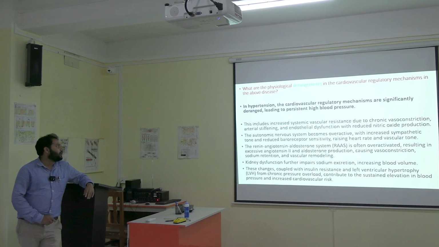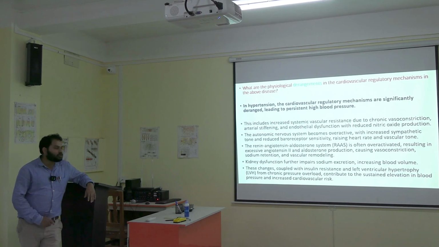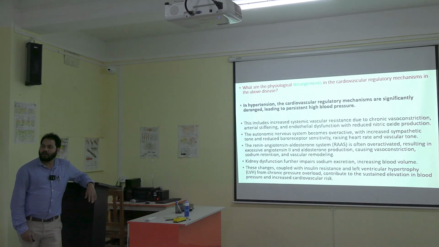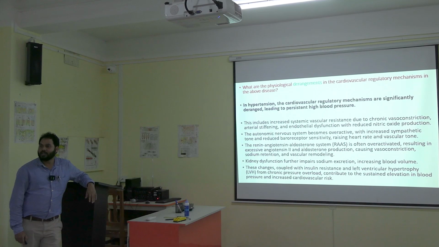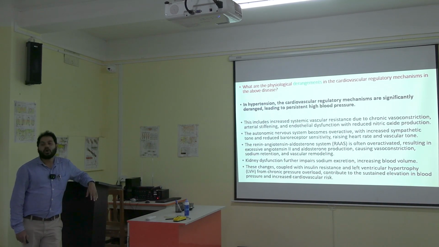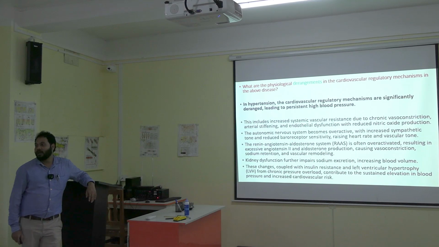One is the changes in the blood vascular system, another is overactivity of the sympathetic system, and another is the renin, angiotensin, aldosterone system, and dysfunction of the kidney system, right? All these things are equally important for the development of this disease. So in subjects who have hypertension, there is a derangement of this physiological system, right?